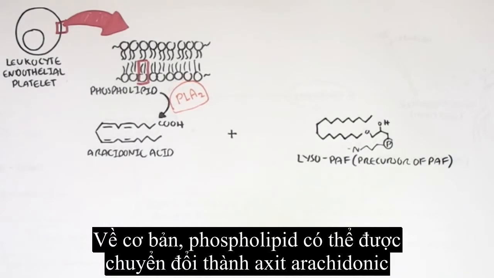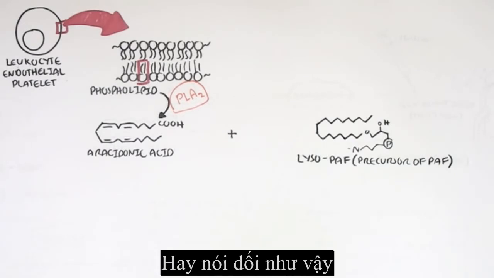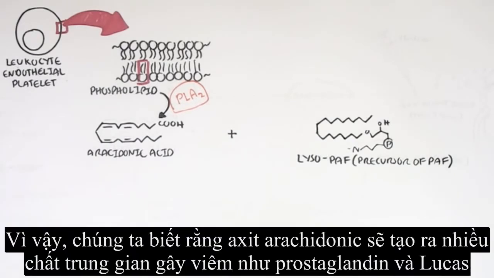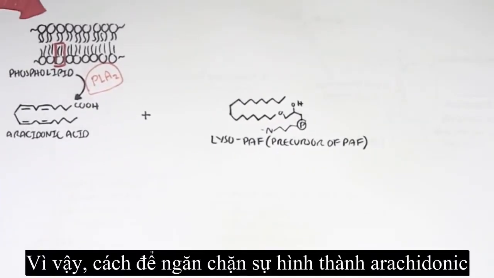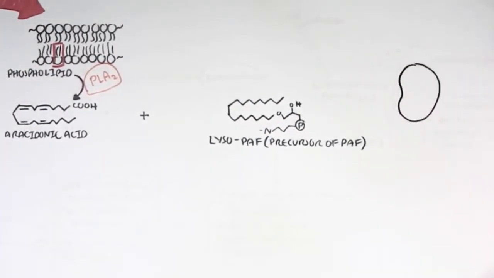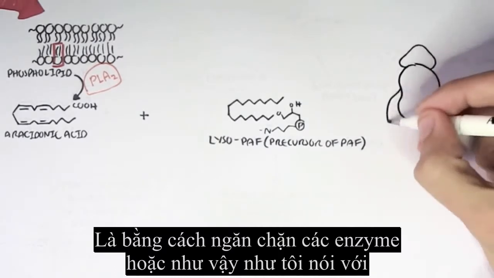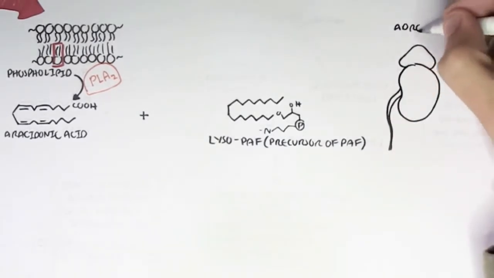So basically, the phospholipid can be converted to either arachidonic acid or lyso-PAF. So we know that arachidonic acid will produce many inflammatory mediators such as prostaglandins and leukotrienes. So a way to prevent arachidonic acid formation is by preventing the enzyme phospholipase A2.